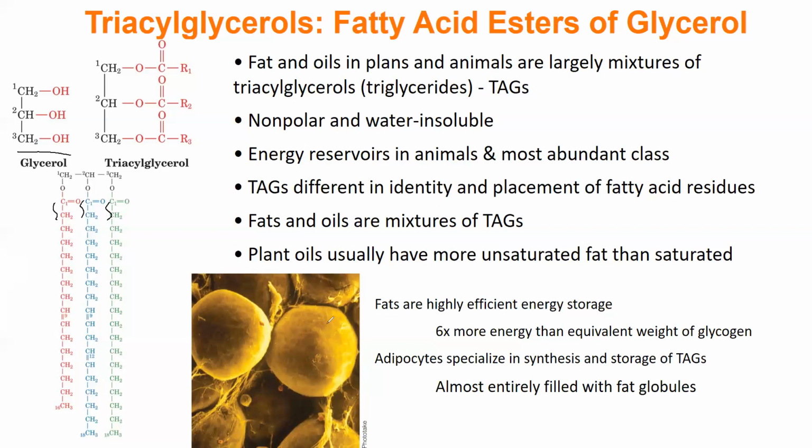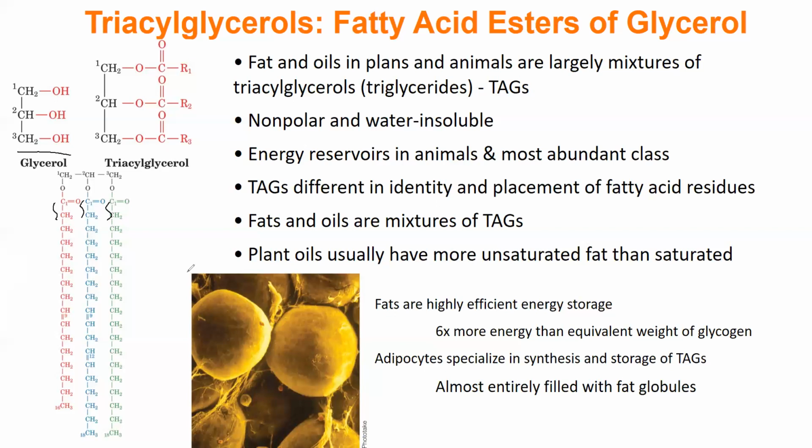If you're looking at plants versus animals, plants usually have a lot more unsaturated fatty acids than saturated. And you know this if you cook a lot, right? Your olive oil, which is from plants, is going to be a liquid at room temperature. While something like lard, which is from animals, is more likely to be a solid.